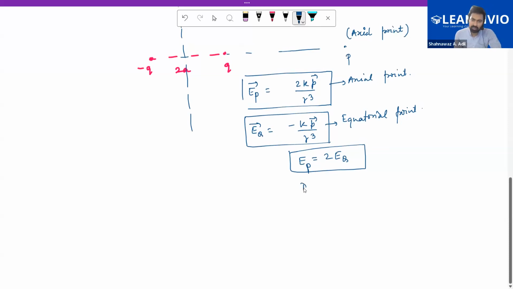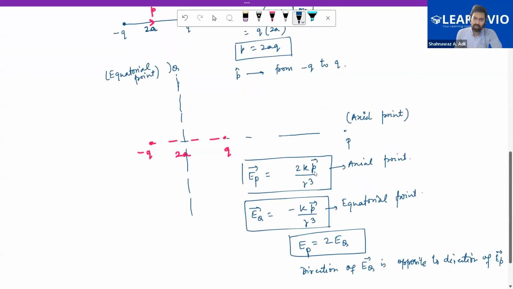The direction of EQ is opposite to the direction of EP. We see that the direction of EP, at the axial point, is the same as the direction of the dipole moment. This is the direction of P, so the electric field would be in this direction.